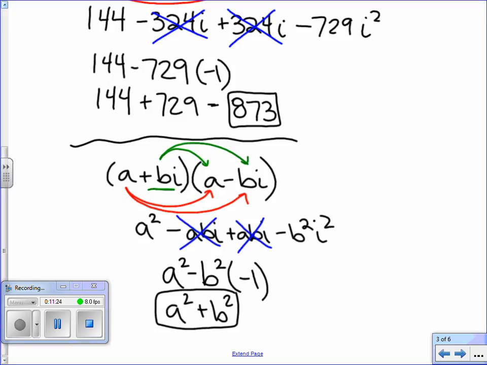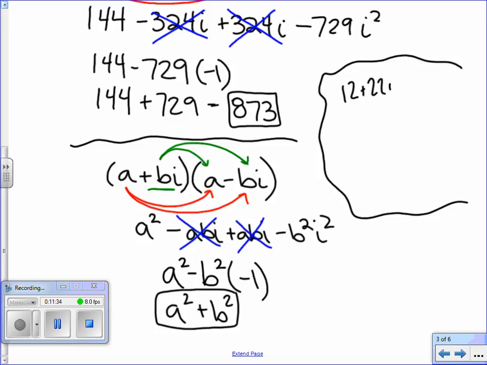Let me take you back up to Cole's. Cole, was yours 12 plus 27? Okay, so 12 plus 27i. That looks like a 2, but that's a 27. And we're going to multiply it by a complex conjugate, 12 minus 27i. But I'm too lazy to do all my FOILing. So I'm going to cheat, and I'm just going to do a squared plus b squared.